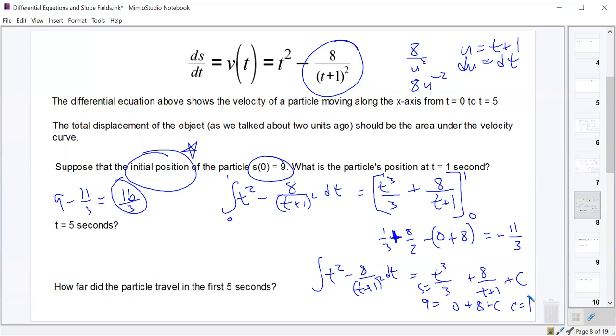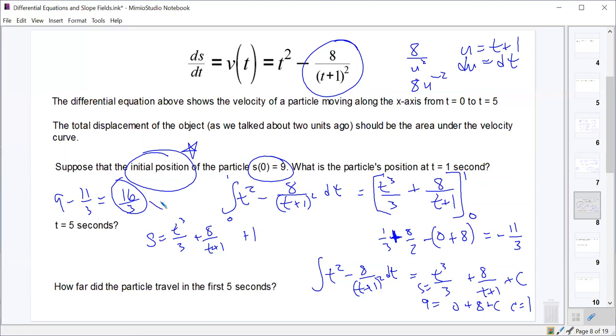And so then we would have this function that told us the position was t cubed over 3 plus 8 over (t plus 1) plus 1. And if we plug 1 into that, we get a third plus 4 plus 1, a third plus 5. And what's a third plus 5?